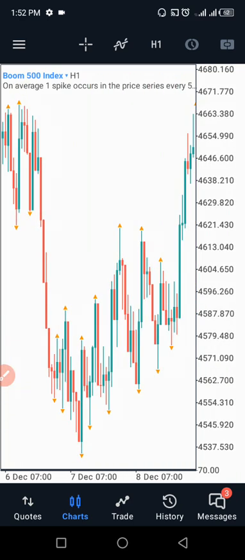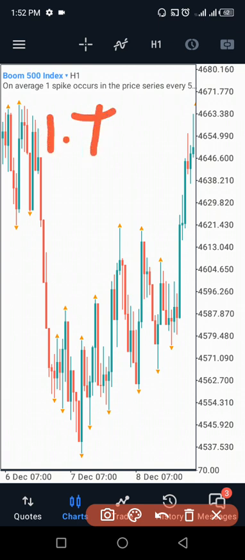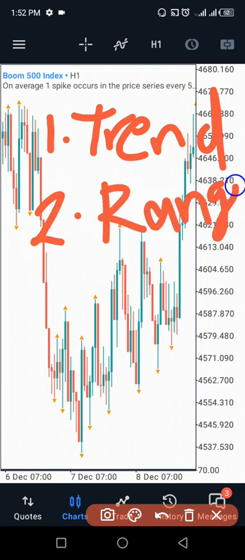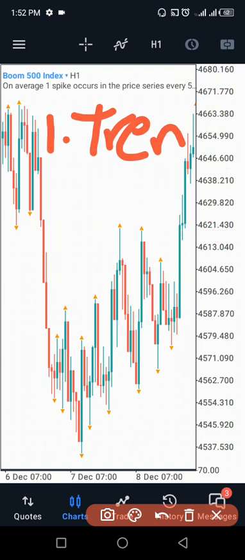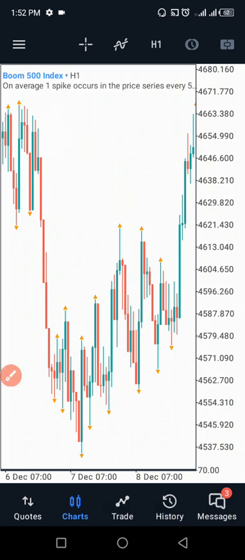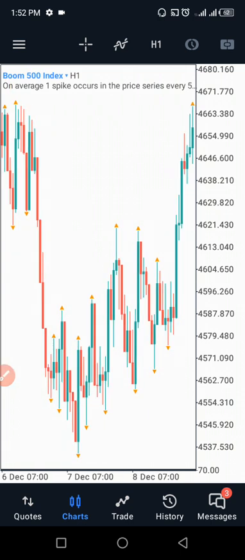Remember, I talked that we will be trading two types of markets: the trending market and the ranging market. Whenever we are in a trending market, market is moving either upward or downward. But whenever we are in a ranging market, market is neither going upward nor downward. Market is in a consolidation, or market is ranging.